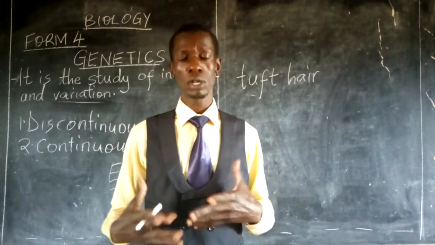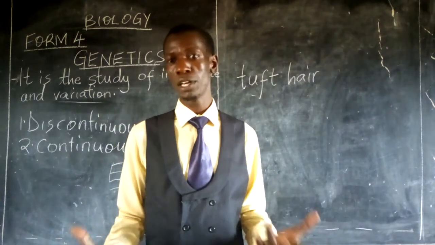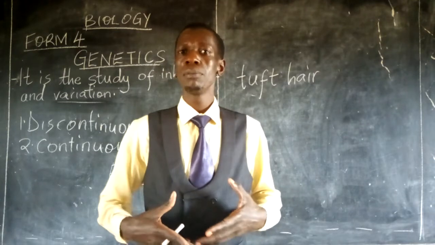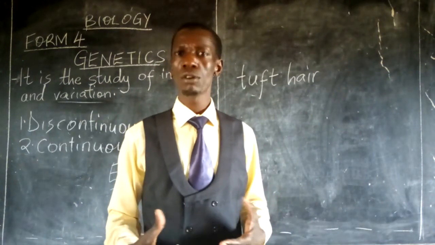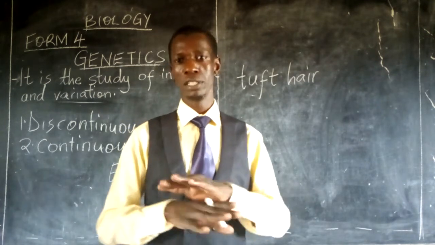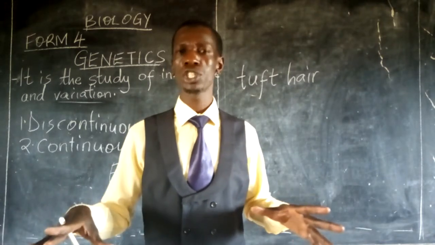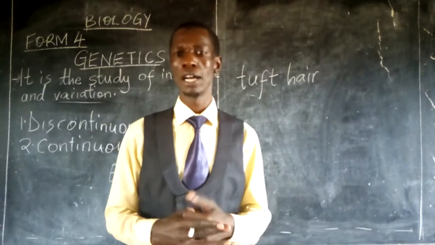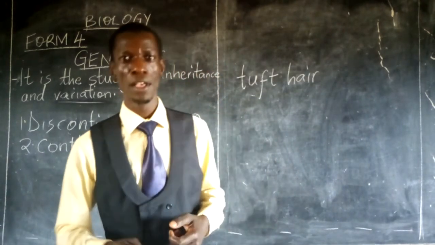For example, you cannot find that maybe one day somebody goes and visits a certain part of the world, and you find later on that he went there when he was a male, then later on he turns to be a female just because of the environment. That is very difficult to happen. It's something which cannot happen. But for the case of continuous variation, we'll look at those ones later on. We'll come to see the reason as to why.